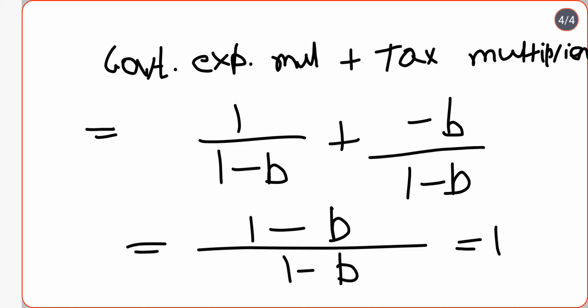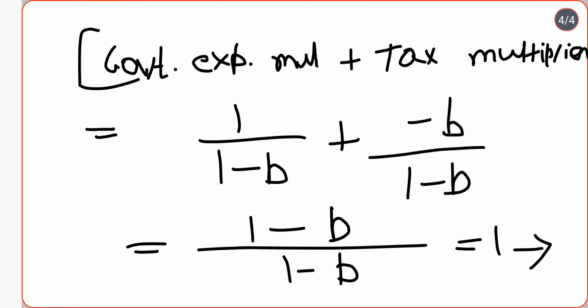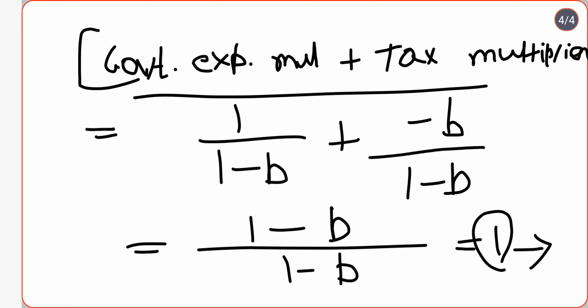So if the government expenditure multiplier and tax multiplier add up to 1, then we get the balanced budget multiplier. That is a very important concept: if we add those two, we get 1. This is the concept of the balanced budget multiplier.